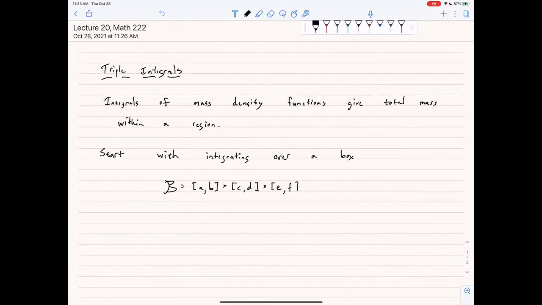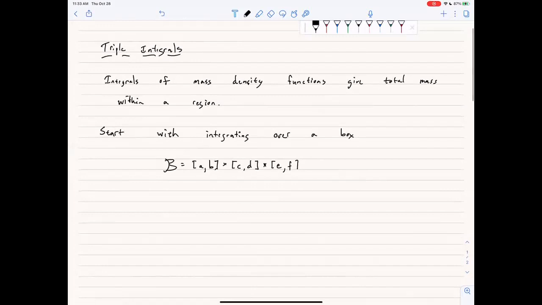Hopefully it won't get confused with functions f or Euler's number e. So I've got a box. And to be honest, if I'm going to put it in the usual coordinates, I should have [a,b] going this way, [c,d] will go this way, and then [e,f] go up.